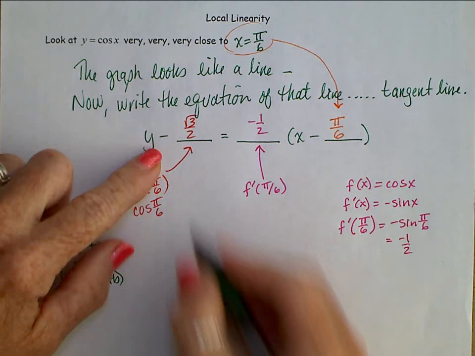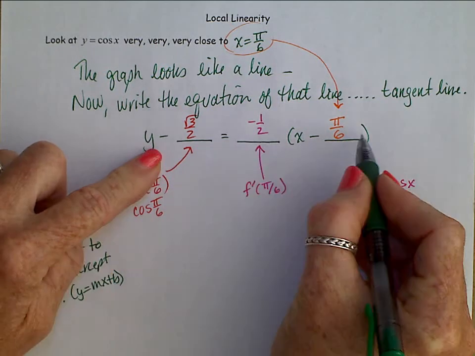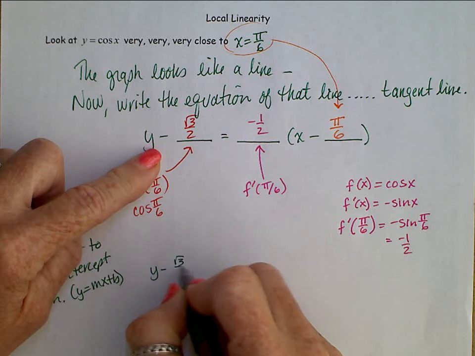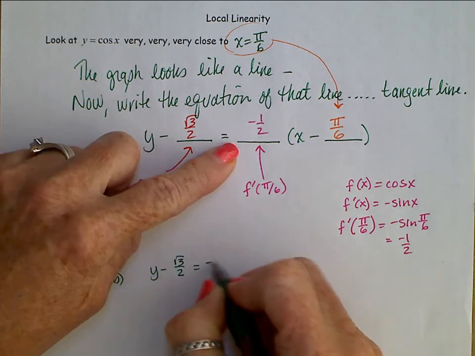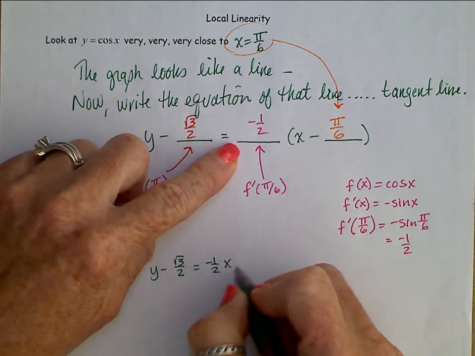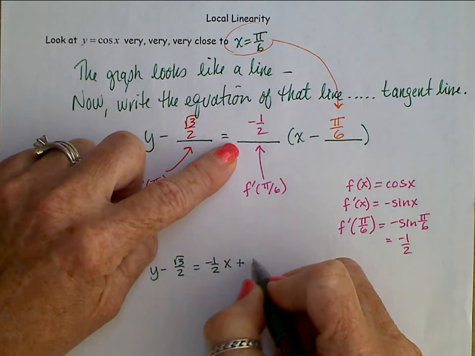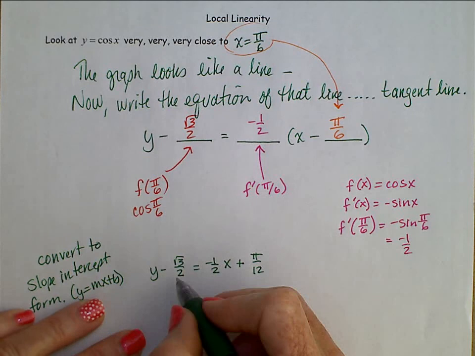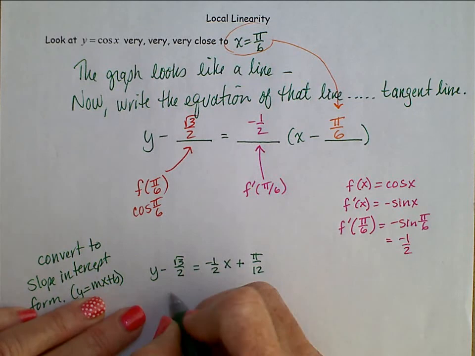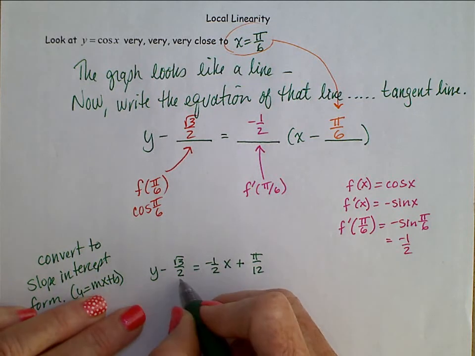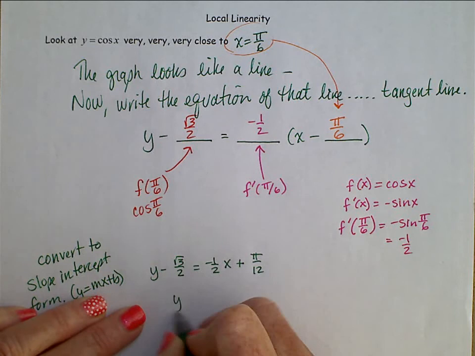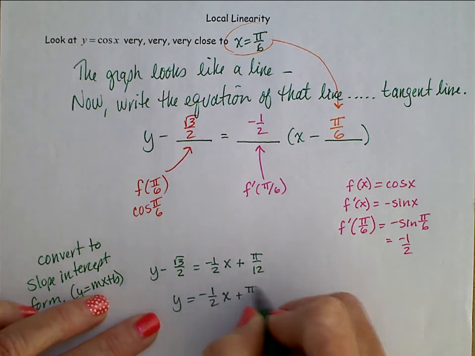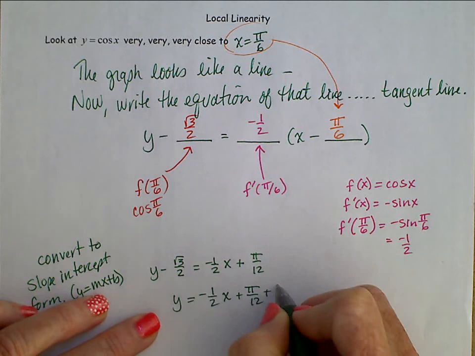All right, so first off, let's take this negative a half and we'll distribute through. So we have y minus square root 3 over 2 equals negative a half x plus pi over 12. Then solve for y and add that square root 3 over 2 over to the other side. And we got y is negative a half x plus pi over 12 plus square root 3 over 2.